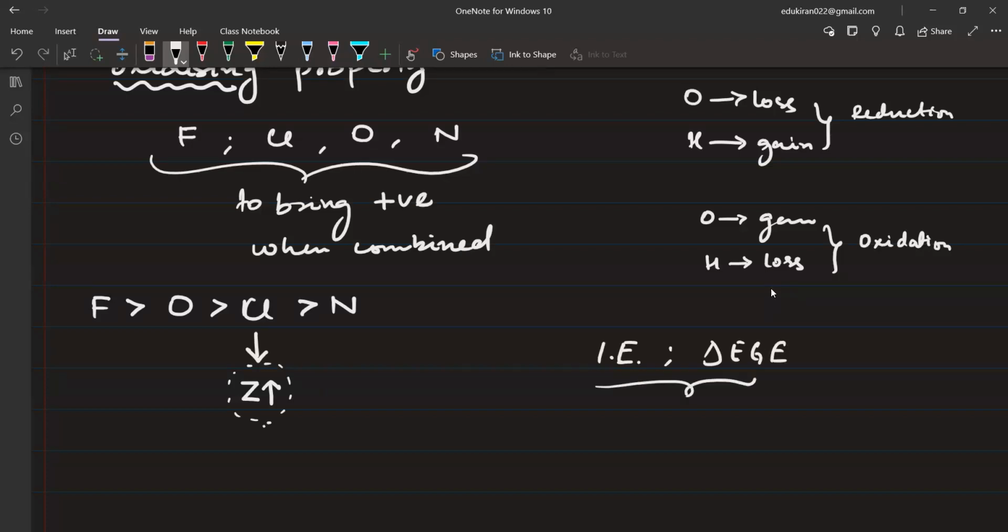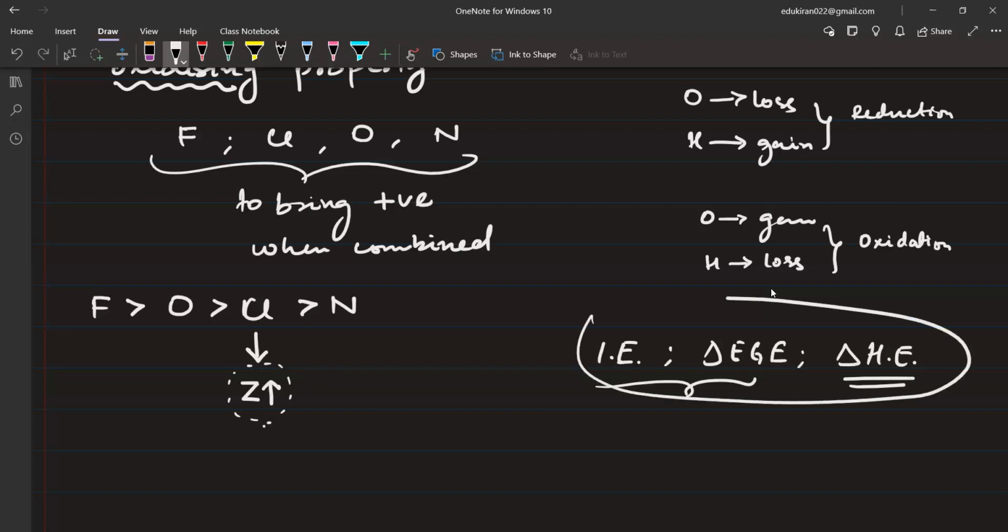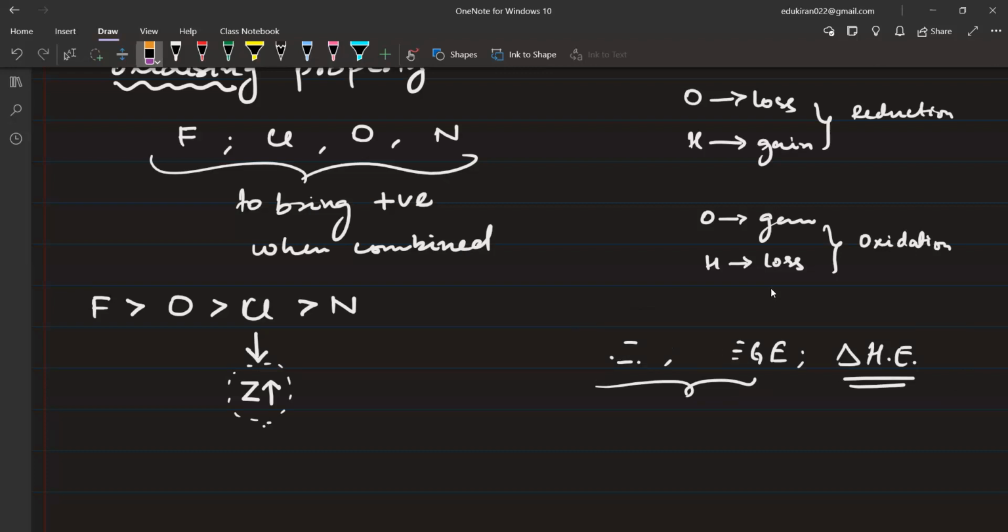You have already studied these two. A third thing will come, that is known as hydration enthalpy. Okay, the hydration enthalpy of chlorine is much higher than nitrogen. That is why. So these are the three points which come into play when we talk about oxidizing power or reducing power. You will understand in detail in redox reactions when we talk about hydration energy.